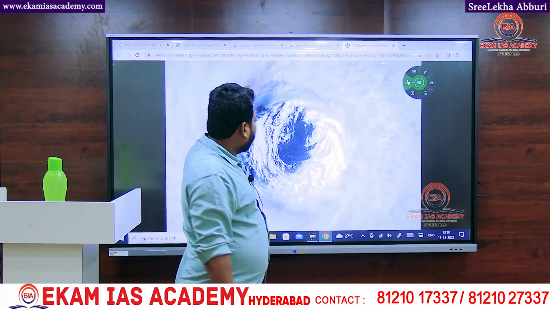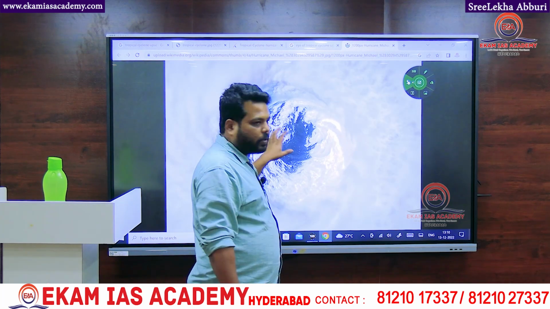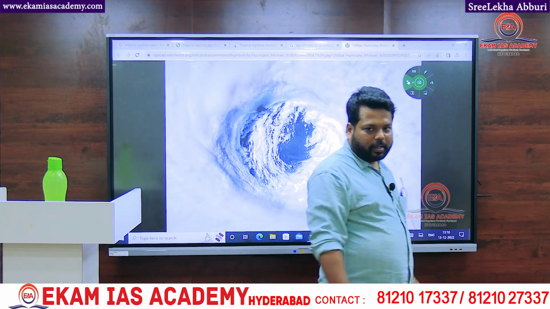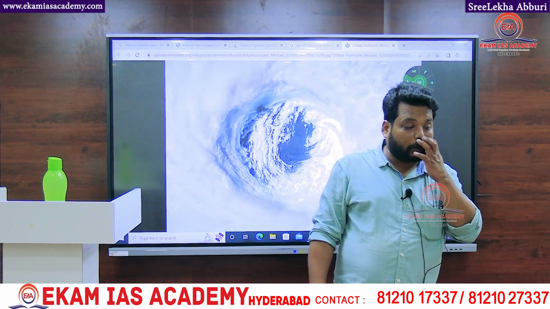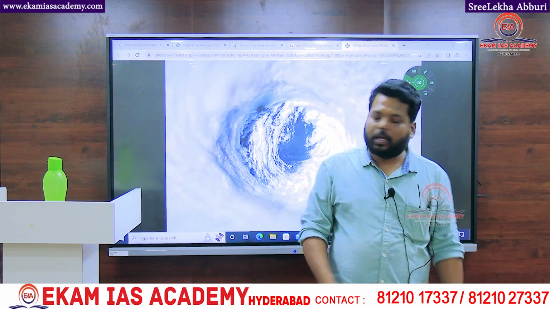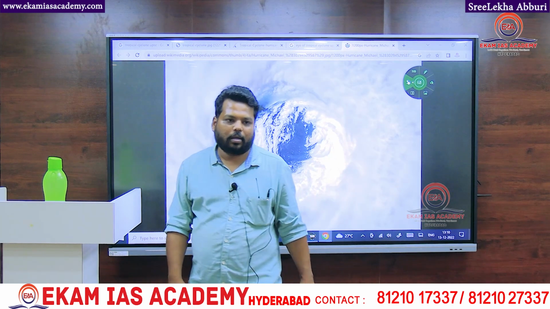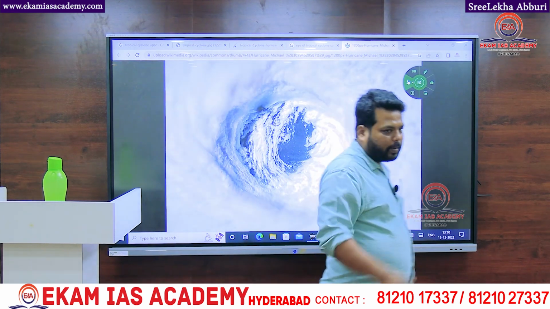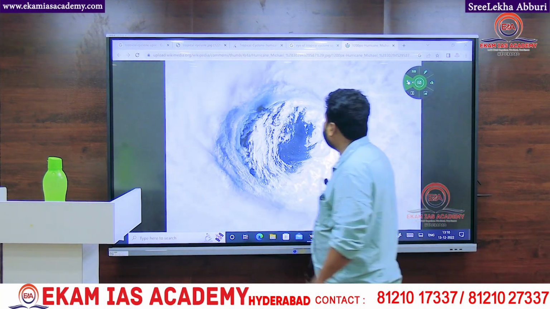The entire zone of closed air circulation has a whirling motion, but the central portion you can see with clear skies. If you open the weather report in the newspaper, The Hindu column, whenever there is a cyclonic storm around the Bay of Bengal, you can see this particular picturization. This is a very close view. So that central portion, the eye of the tropical cyclone, is a very important structure.